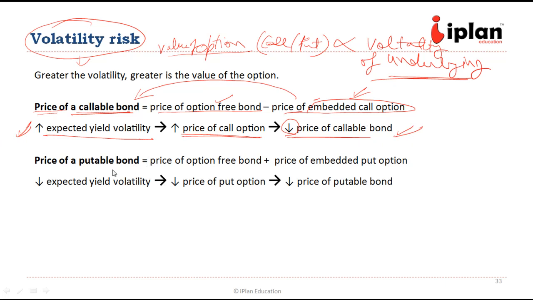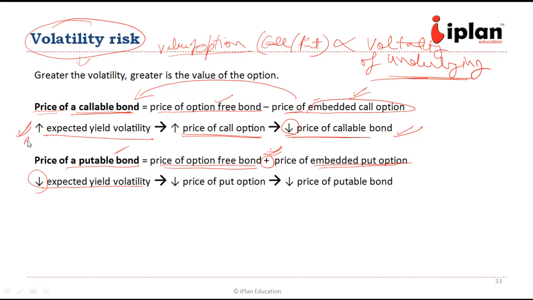Now let us look at the impact on puttable bond. As we know, the price of option free bond plus the price of put option gives us the value of bond. The plus symbol indicates that since the put option is favoring the investor, so the value of the bond is higher due to this put option. Now as we know, if the volatility is higher, the value of put option will be higher and the value of bond will be higher. So the risk will be lower volatility.